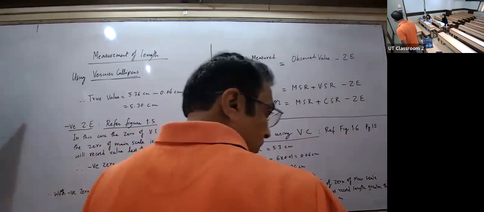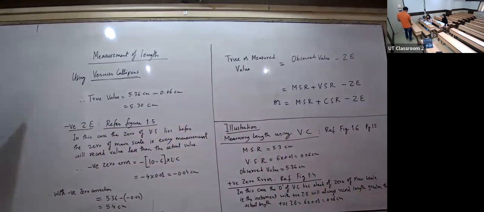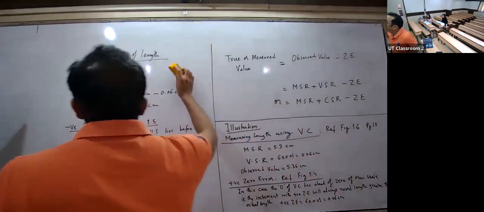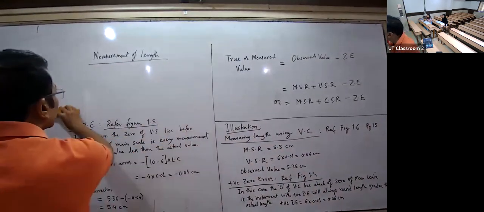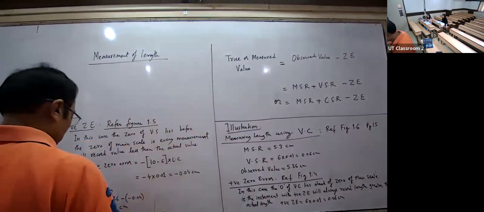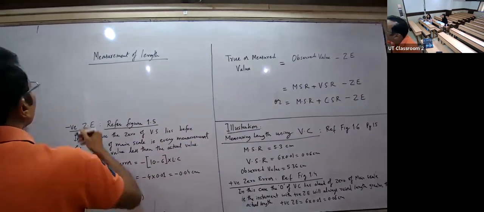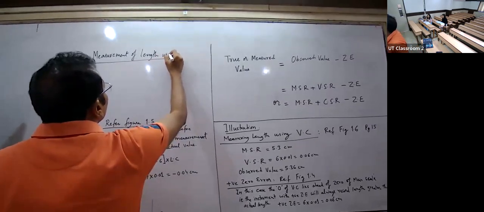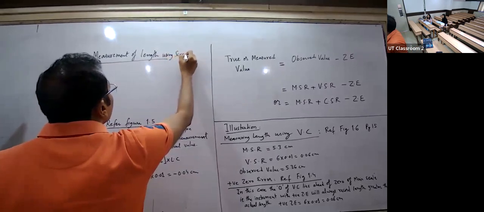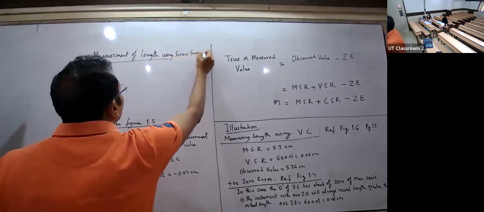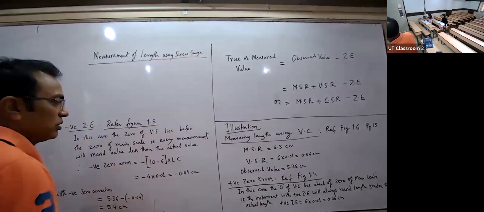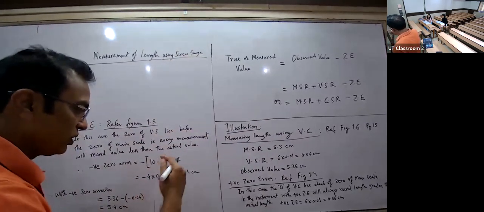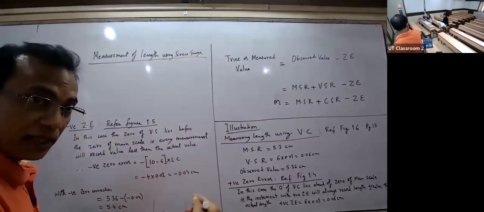Next is the same concept, right? Just instead of a horizontal vernier scale, you now have a circular scale, right?